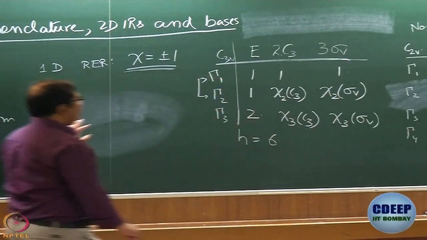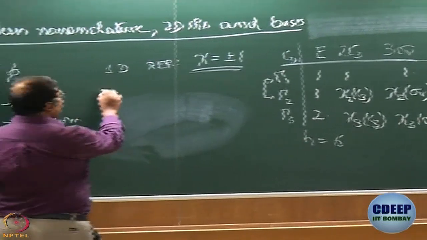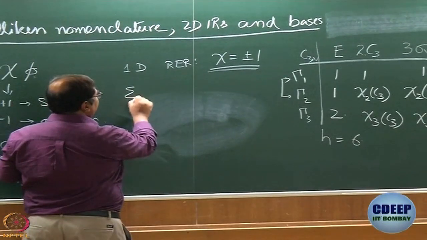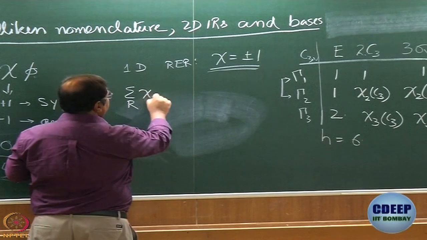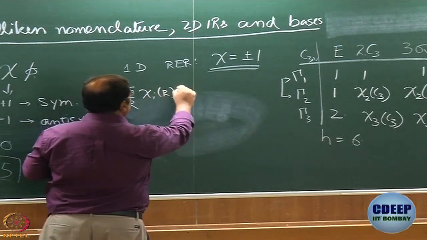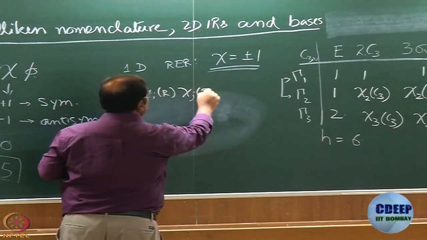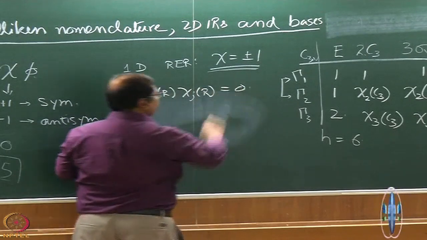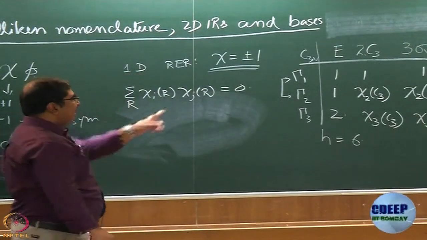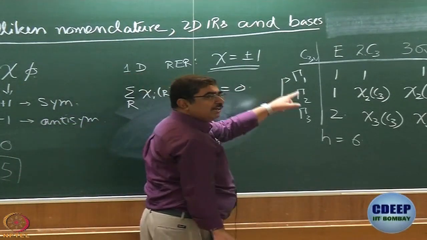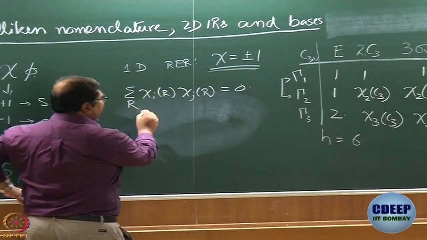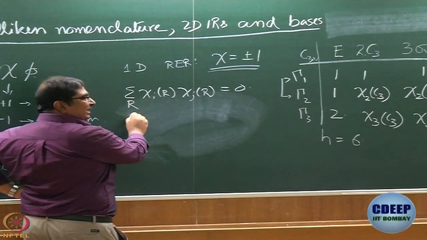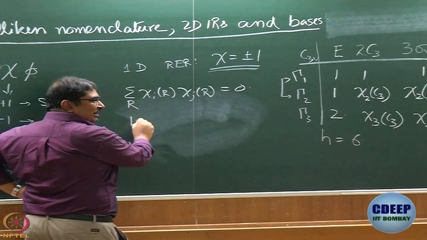Okay. So, I am using the rule sum over R, chi i of R, chi j of R equal to 0, orthogonality, and I want to work with gamma 1 and gamma 2. Help me. First one is for E, 1 into 1 is 1.